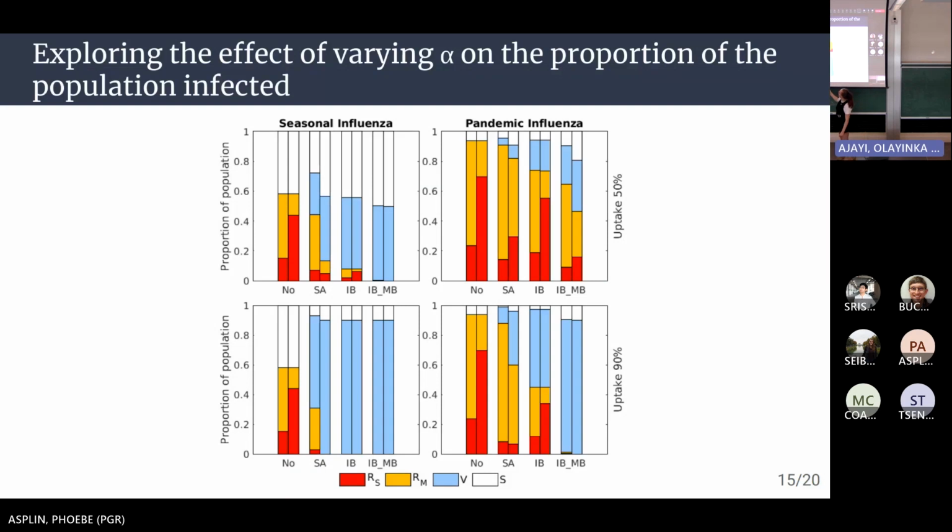And we can see that although with case versus infection blocking, we're kind of preventing the same number of cases for both values of alpha, we're actually preventing more cases for the high one, just because there are more to prevent. And our measure of cost effectiveness takes into account things like the total effect on the population's health and hospitalization costs, which are obviously way more for severe cases.